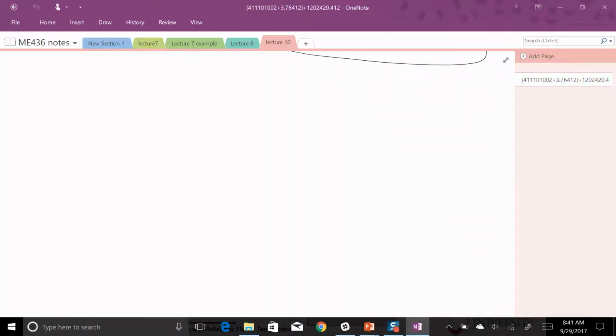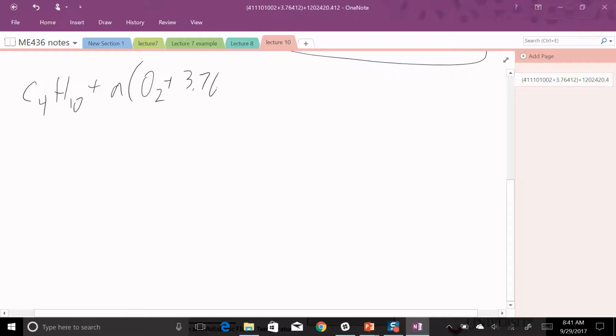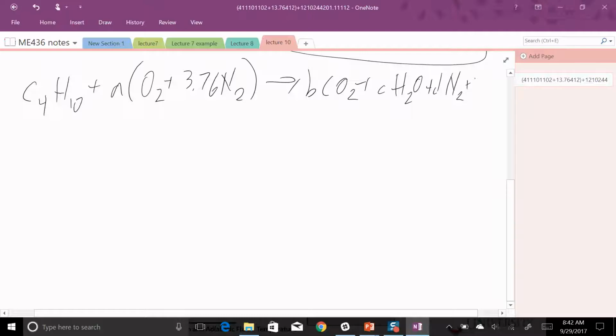So in this case, I'm going to talk about burning C4H10, again just with dry air, so we'll do O2 plus 3.76 N2. And we're going to imagine complete combustion here, so we're still going to go B times CO2 plus C times water plus D times nitrogen.